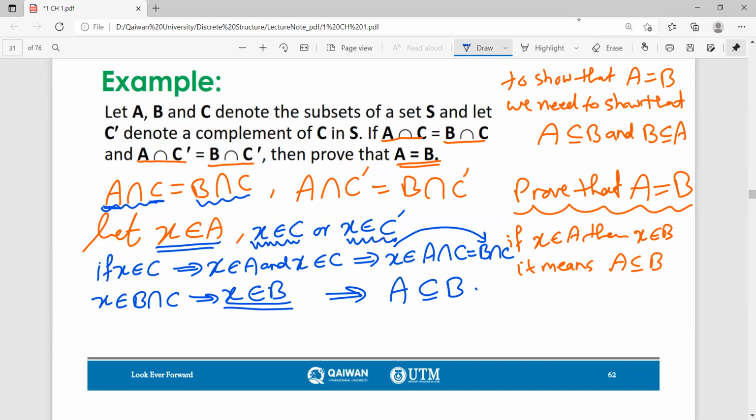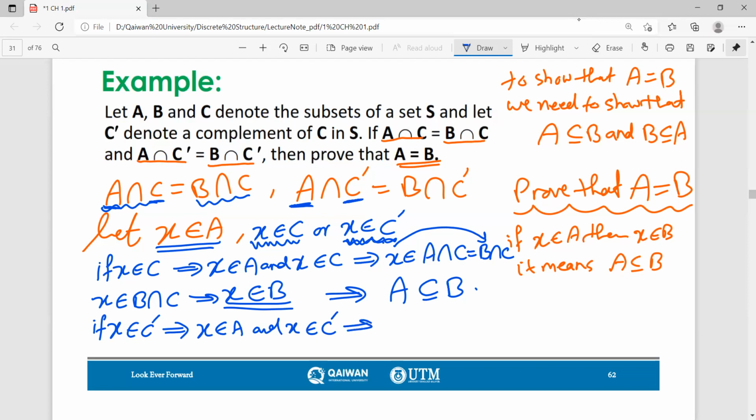In the other case, if X not in C, it means it's in C complement. Since X is in C complement, as we have here, X is in A and X in C complement. If X in C complement, we get that X in A and X in C complement.